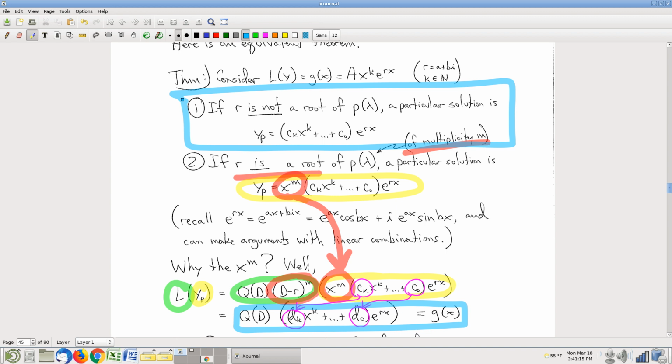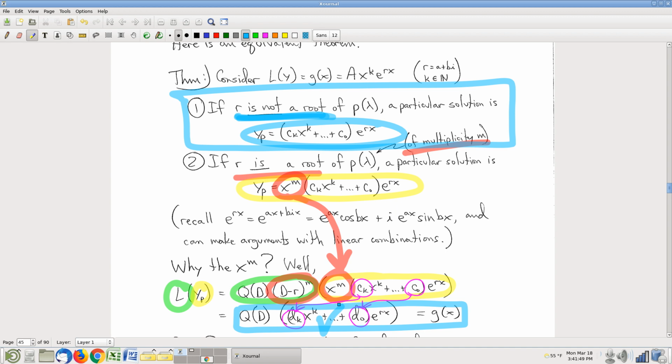This polynomial q does not have r as a factor at all. We know it doesn't because all the factors of d minus r have been pulled out already. So r is not a root. And since r is not a root, the naive guess works. And so you can solve for all these d's. And having solved for the d's, again, there's a predictable relation between the d's and the c's, so you can solve for the c's, and therefore you have a solution to the original equation.